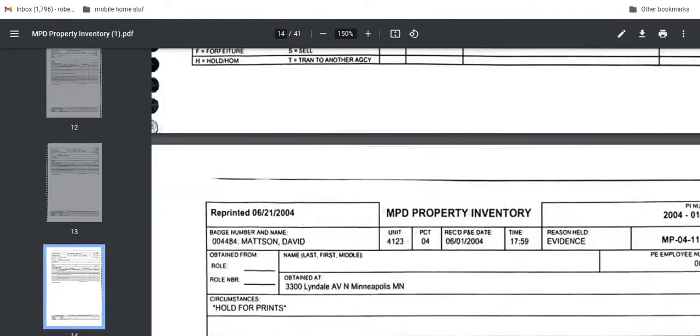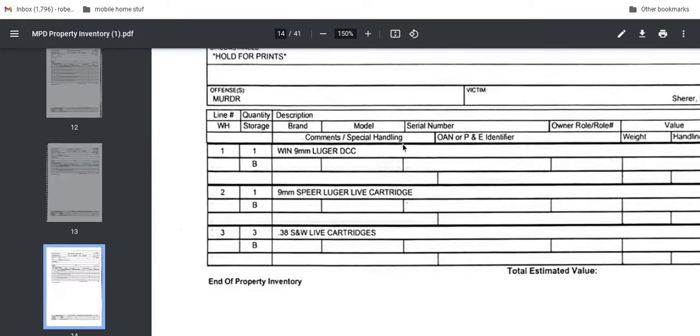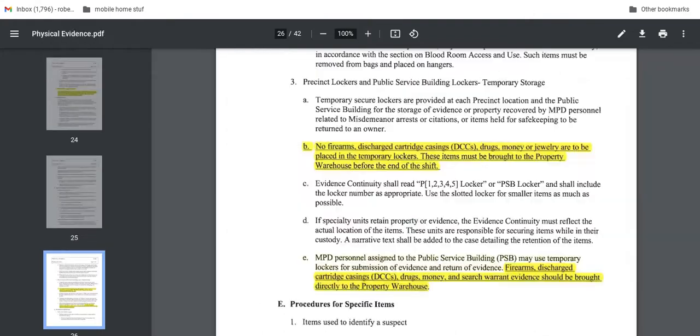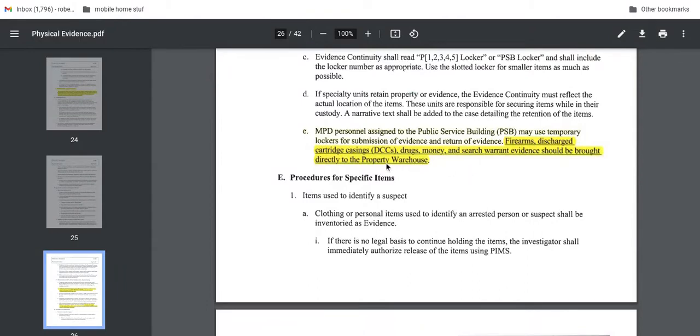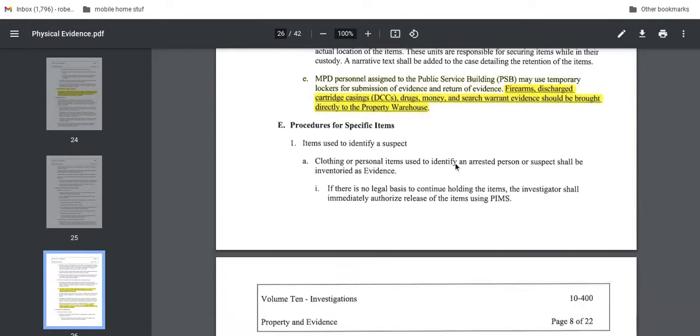Discharge casings that were found at the scene have to be brought in before the end of the shift, not 3 weeks later or 2 weeks later on 6/1. Okay. It has to be brought directly to the evidence warehouse.